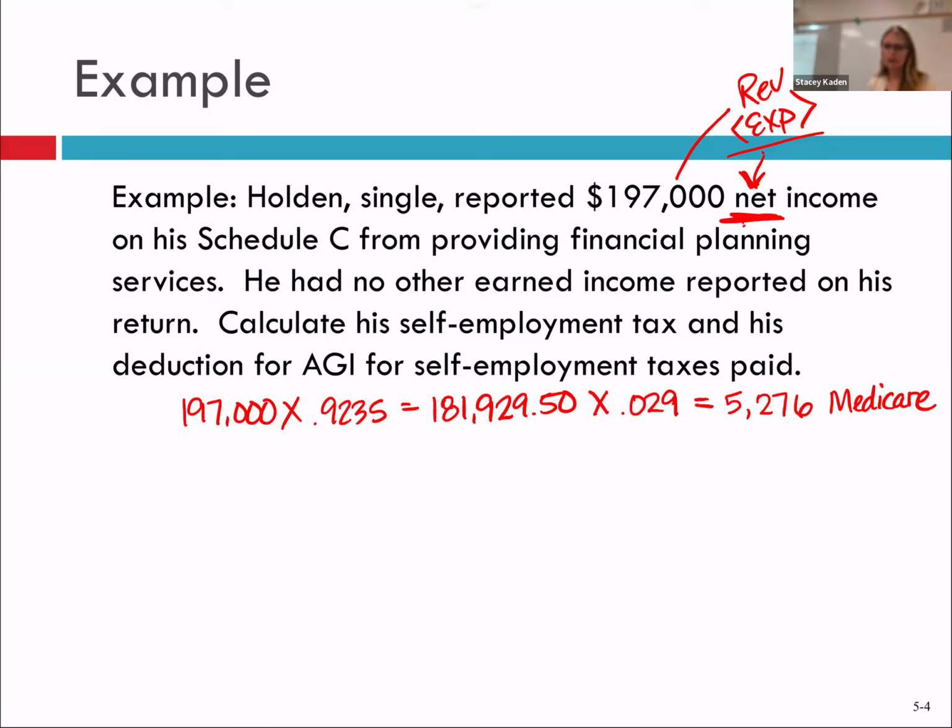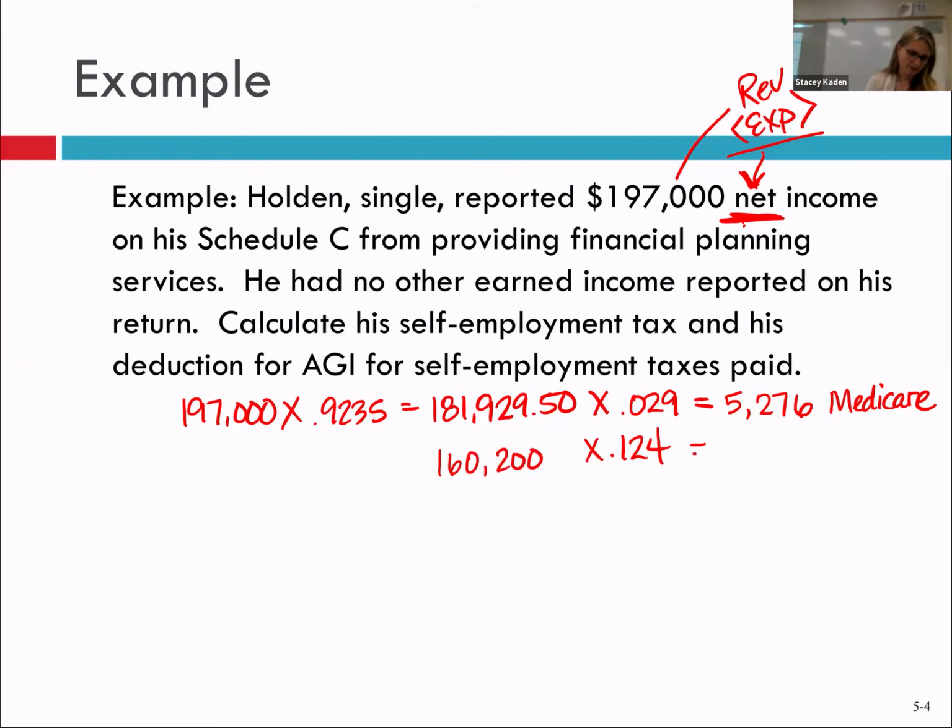All right, what about Social Security? Are we going to take 181,929.5 times 0.124? No, why? It's a max of 160,200. Do you need to memorize any of those numbers?